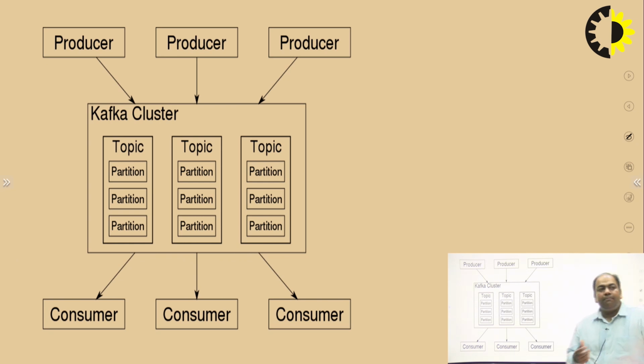Like in politics, we have all the information related to Indian politics or world politics. Another topic is weather. In weather, there are partitions on temperature, on humidity, on pollution. All this is done through a Kafka cluster, and after partitioning, the data will be sent to the consumer.